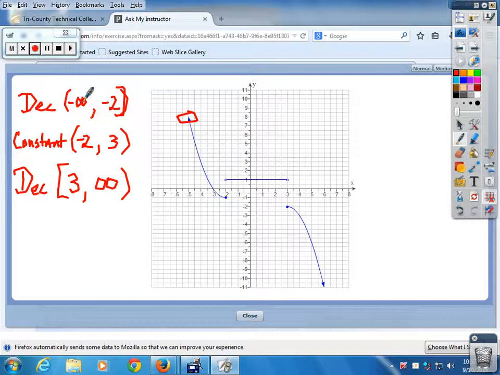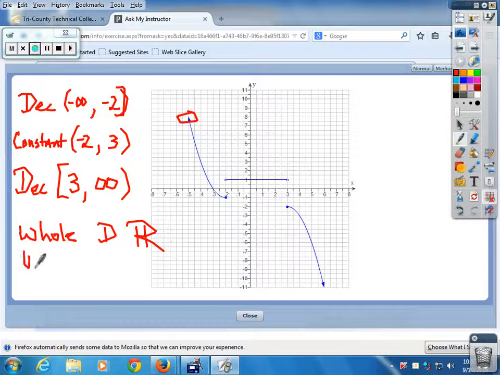And then from bracket 3 to infinity. It all depends on if they ask you for the whole thing as a whole or by section. I don't know what they're asking, so I'm just going to tell you the whole series, from here to here, the domain is all real numbers.